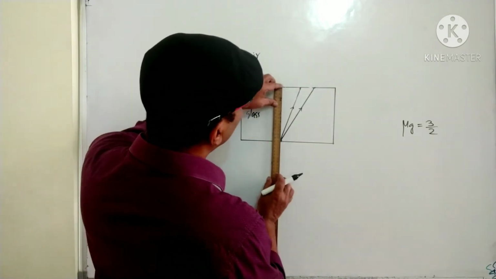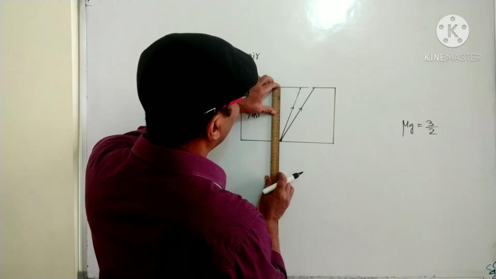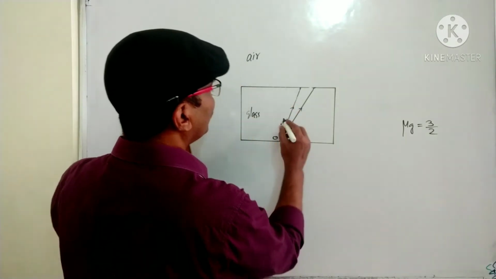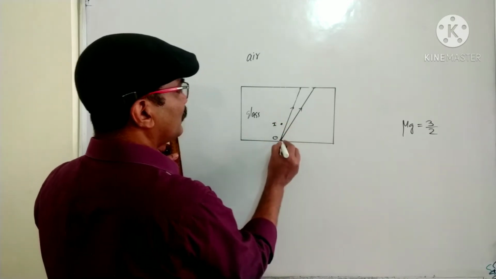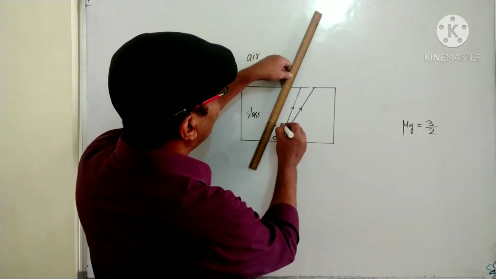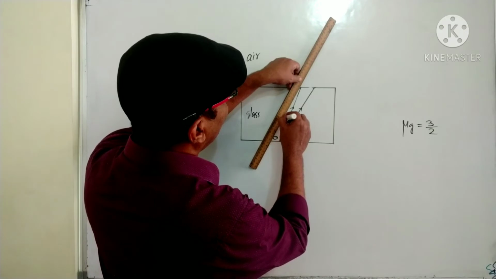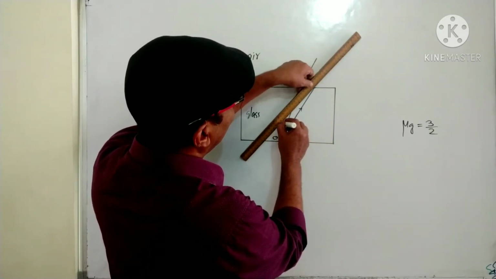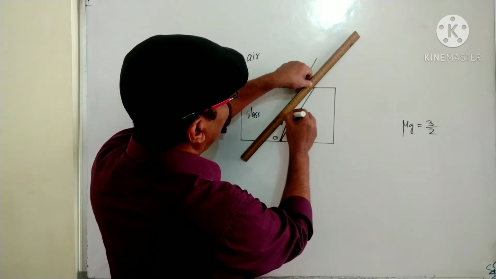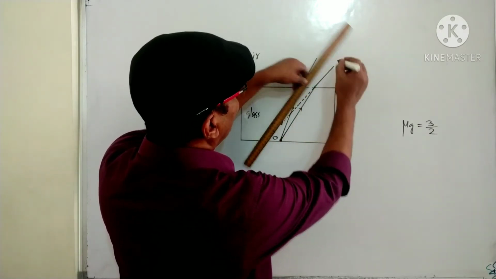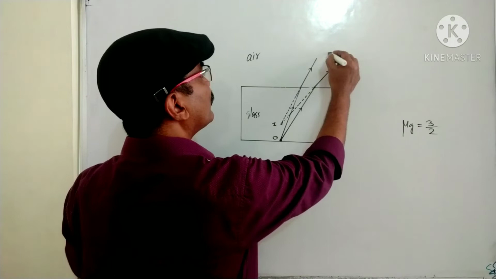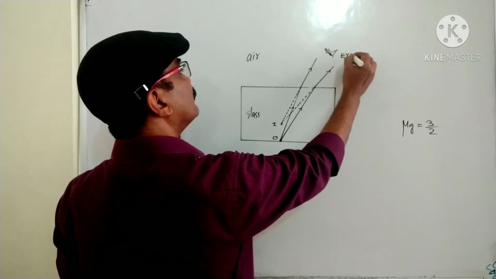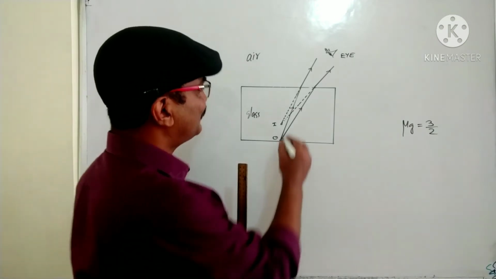First I will see this, take this, and okay, this is 2/3, approximately here. Okay, there must be the image, and now it is vertically above, and I can draw the rays from here. We can show the observer's eye here. That's it.